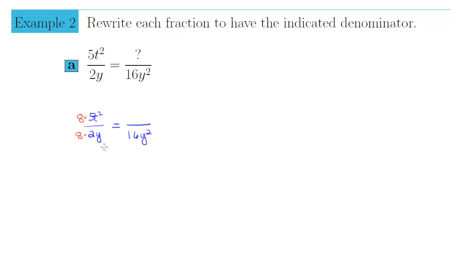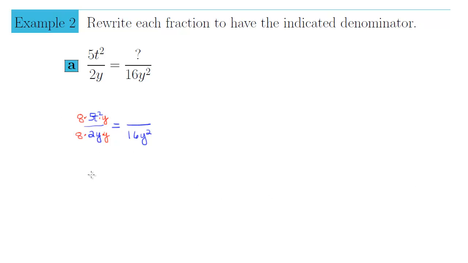Now, how about the variables? The y. Y times what gives us y squared? Well, y times y gives us y squared. So if we multiply the bottom by y, we must also multiply the top by y. What does that give us in the numerator?